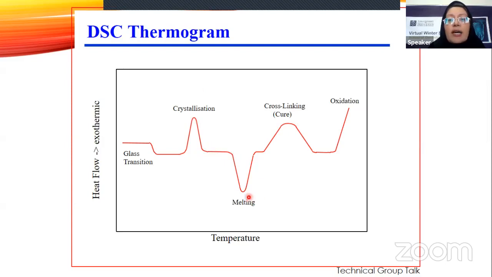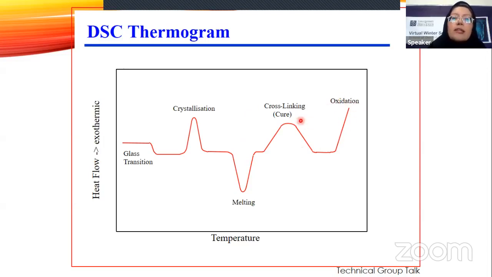After this point, you can see here the material goes to melting. For many materials, we don't like melting, or it depends on our usage. But this is an important device to show the different temperatures. As you can see here, this is the oxidation temperature.